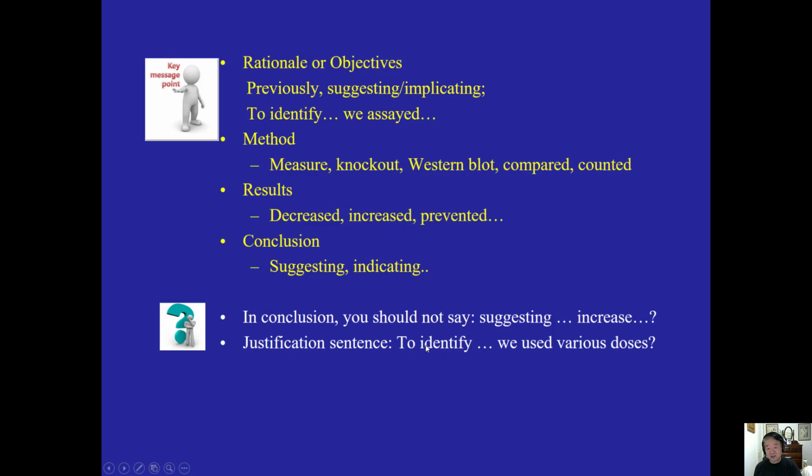You cannot say in order to identify something or to figure out the role of something, then use various doses because they don't talk to each other. When you use various doses trying to work out the dose response, you cannot say identify the role. You can say identify which particular dose. Then you say I will use various doses. That will justify. You cannot say I identify the pathway, I use various doses, because they don't talk to each other.